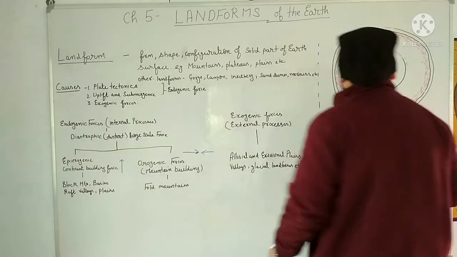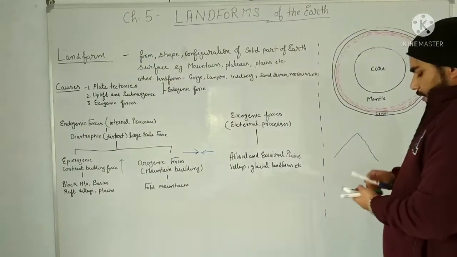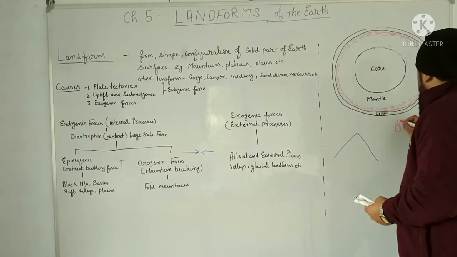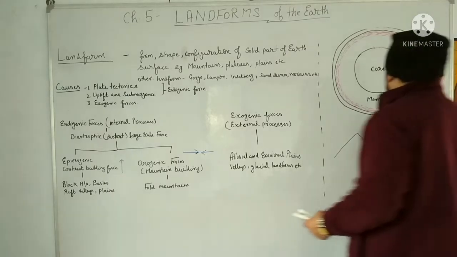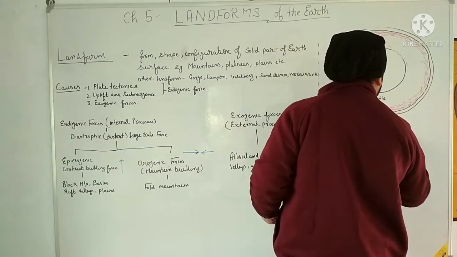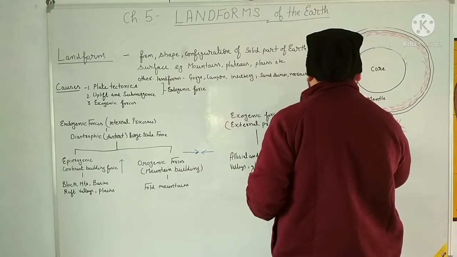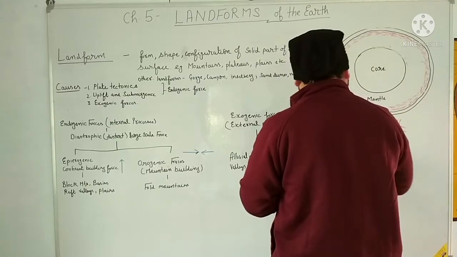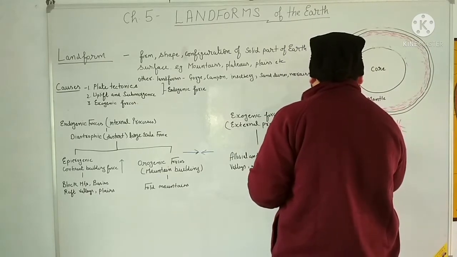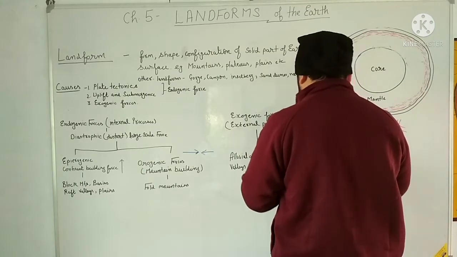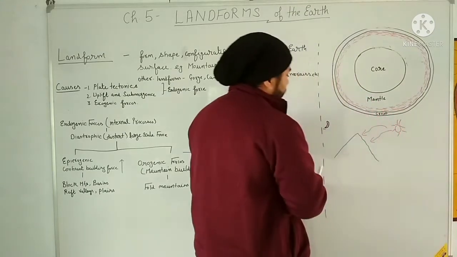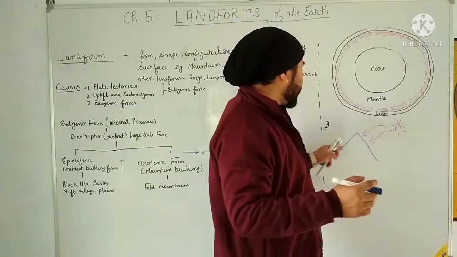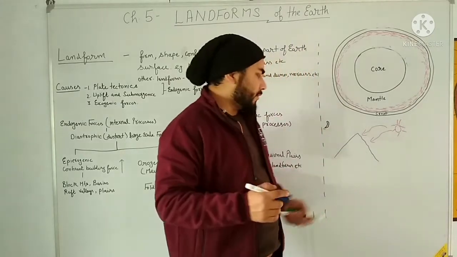Suppose because of the endogenic force, one mountain is created like this. Now what will happen after this? Weathering will take place, and because of weathering these rocks will get disintegrated, the material inside the rocks will be loosened.